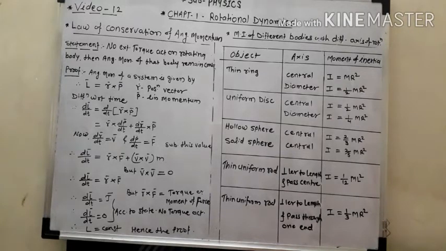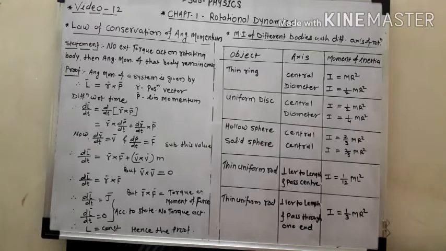This is the proof of the law of conservation of angular momentum. This question is asked in the board paper: state and prove the law of conservation of angular momentum for 2 marks. Then you can write the statement and all this mathematical derivation, and finally prove L is equal to constant or conserved. Then your proof is complete and you get the 2 marks. Sometimes it is also asked what are the applications of this law.